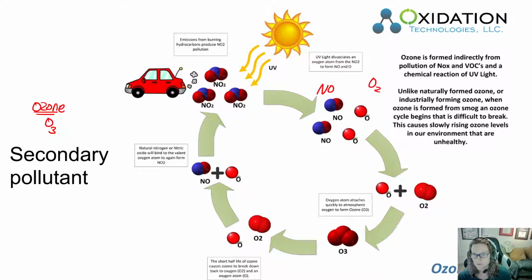Usually oxygen is O2, but in a natural oxygen cycle, it will actually break apart to O plus O, and it's an equilibrium reaction, so it's constantly going back and forth. But the nitrogen oxide will get in the way. This free radical oxygen will bind with a diatomic oxygen and we'll get this ozone, this O3 molecule.